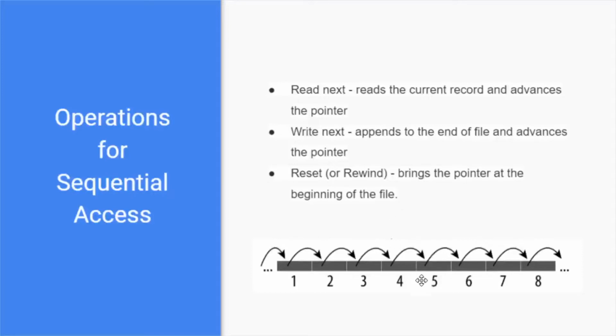If the pointer is here, it will append the record at the end and move the pointer to the next position. The third one is reset or rewind. It brings the pointer to the beginning of the file. So if we are at the 6th position, using the reset operation, the pointer will move to the beginning of the file.